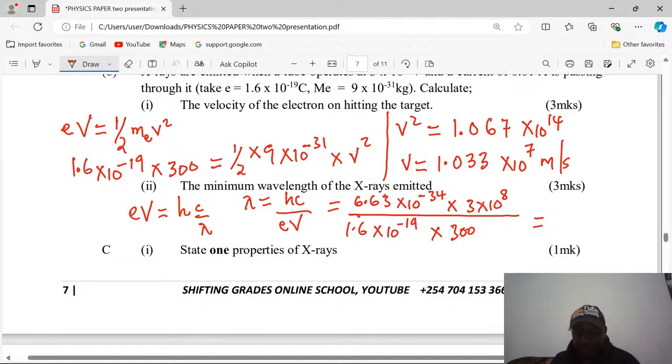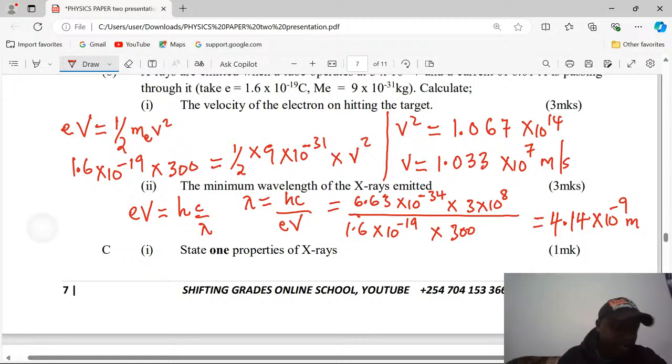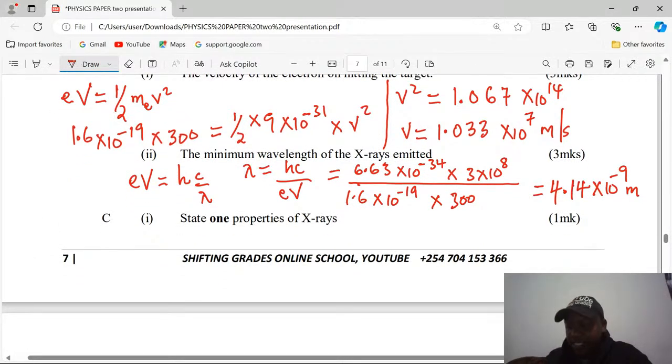So we get 4.14 multiplied by 10 power negative 9 meters, because this is wavelength. That is how you get the wavelength. Remember to confirm these values using your calculator.